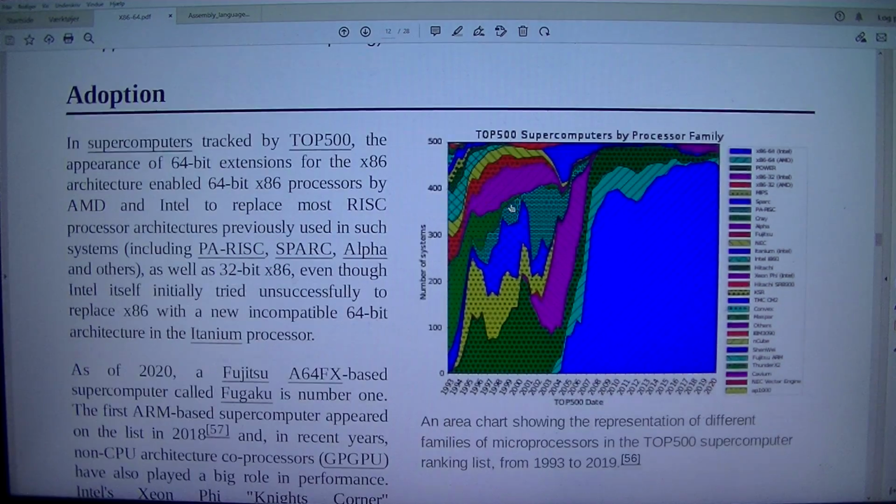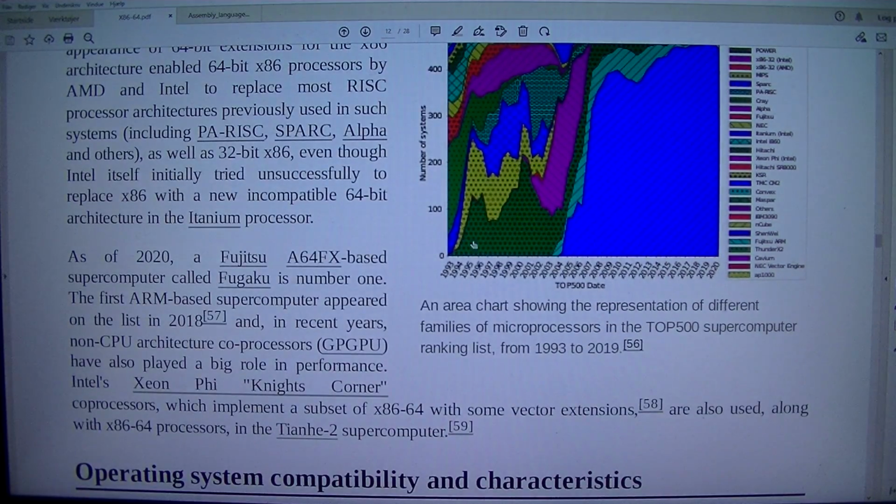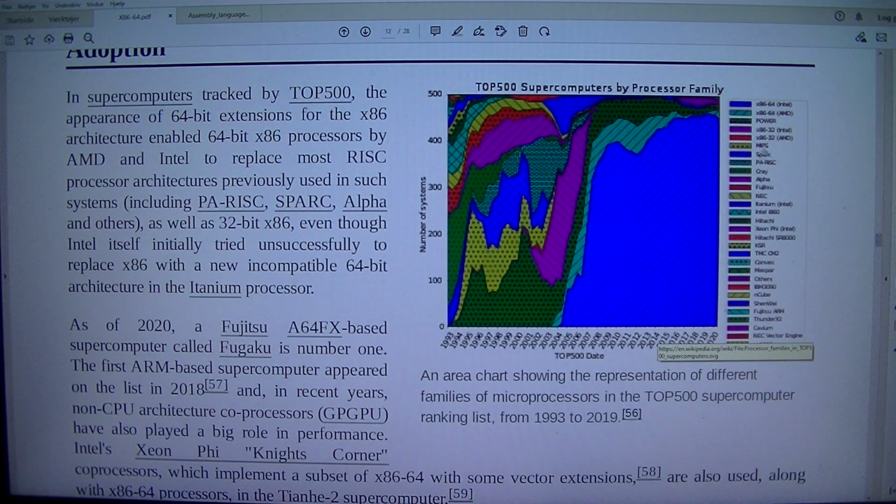Adoption. An area chart showing the representation of different families of microprocessors in the Top500 supercomputer ranking list, from 1993 to 2019.